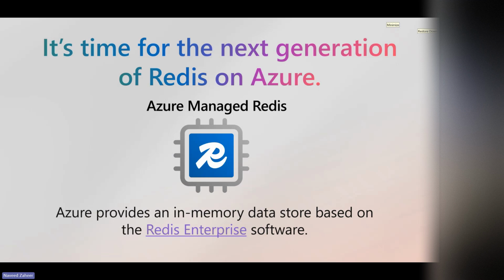This one is built on Redis Enterprise 7.4. It provides you the Redis Enterprise capability without going through the marketplace and getting the license and all that. That's the big feature here.